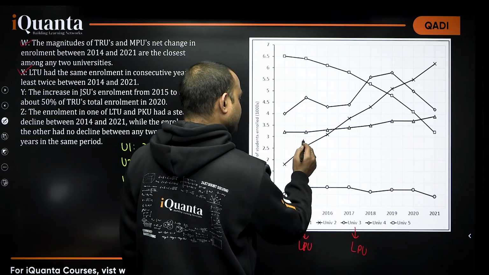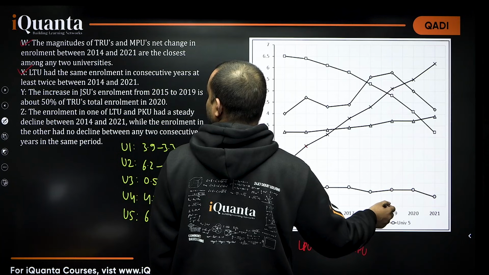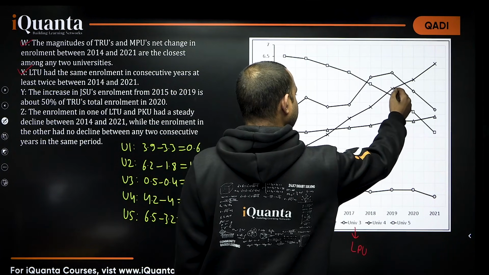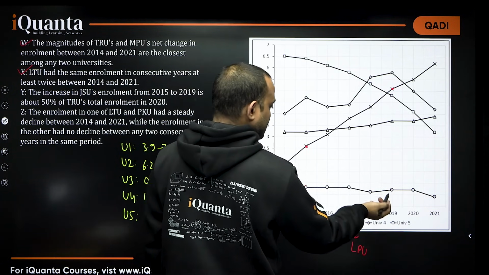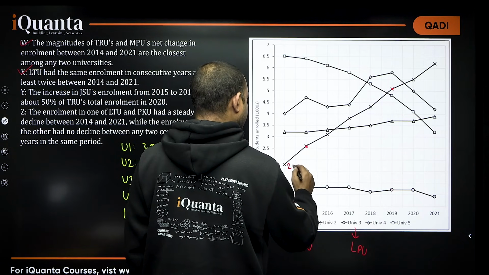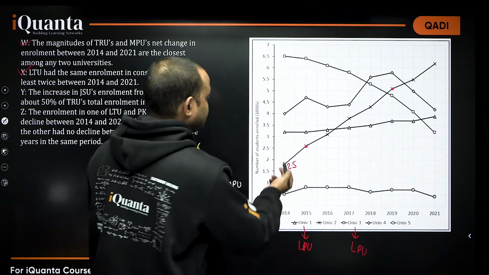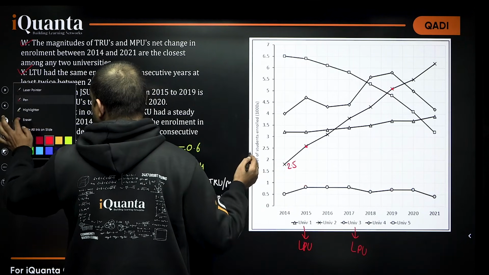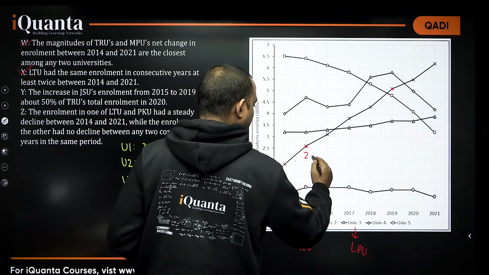Here, this is 2019, this is 2015. This value is 2.6 and this value is 5.1. So, the change here is 2.5. I'm writing the change in case of 2015, just to avoid any confusion.